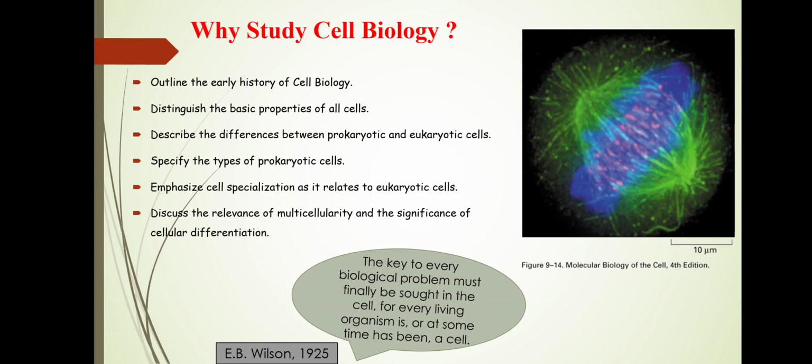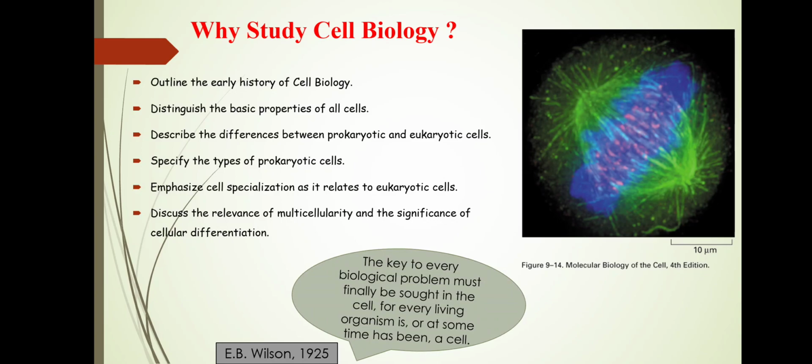So we will try to find solutions regarding problems in biology, and we need to recognize accurately the structure and function of cells of different types, which allows us to give accurate solutions and to resolve problems in biology.